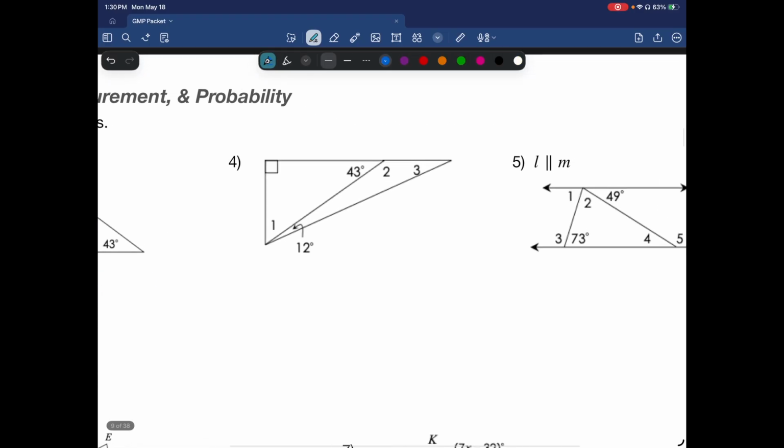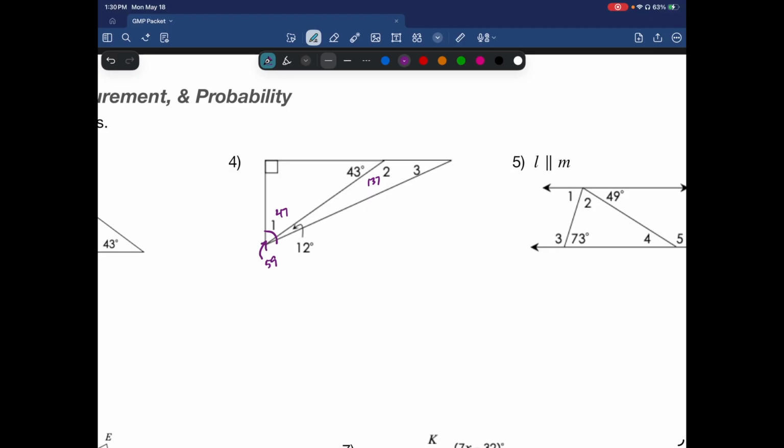Number 4. This is simple because that corner is 90 and it works for both triangles. So 90 minus 43 is 47. And then angle 2 is 180 minus 43, which is going to give you 137. If you treat this angle right here, add those two, 47 and 12 is 59.